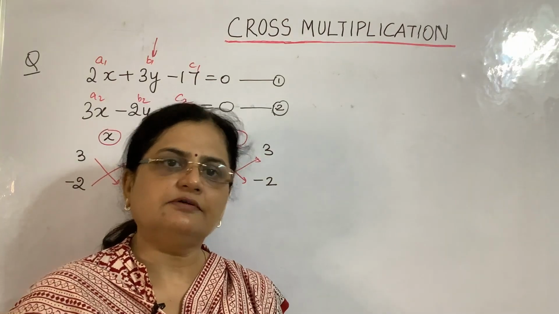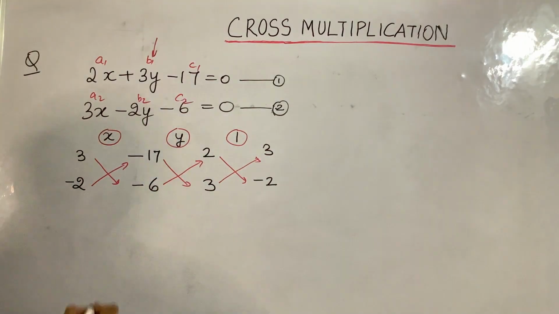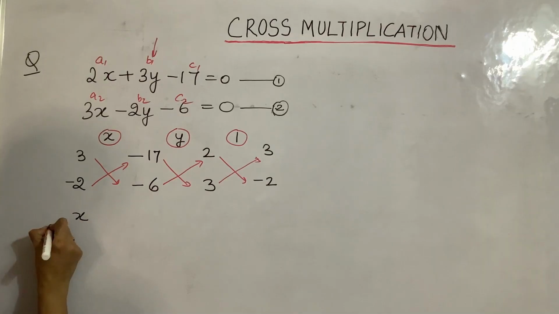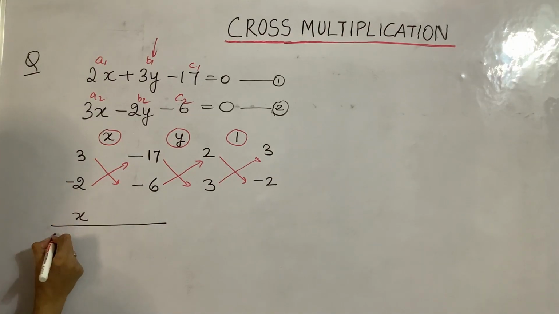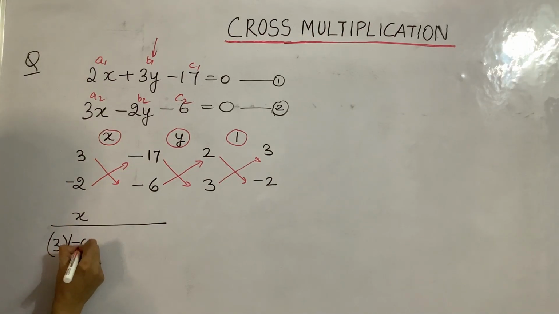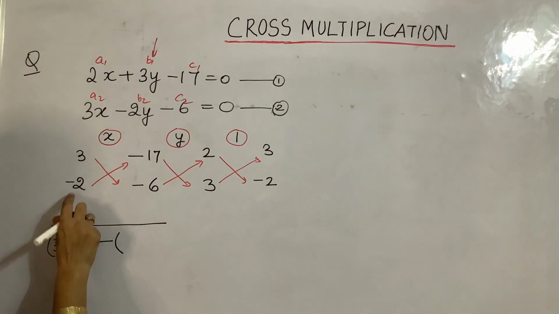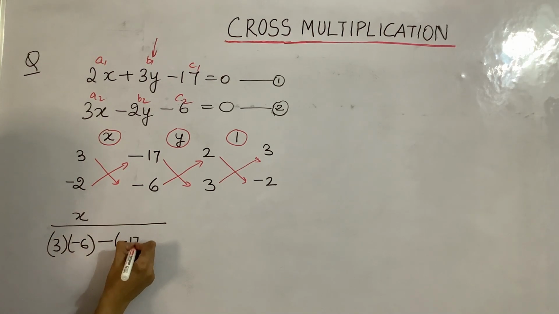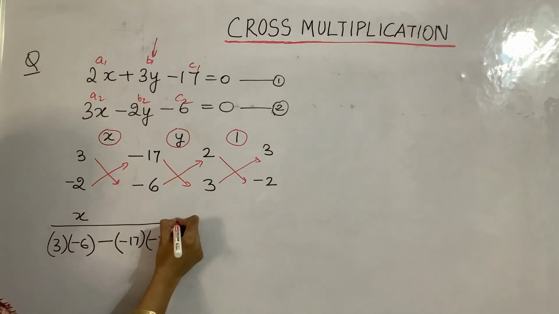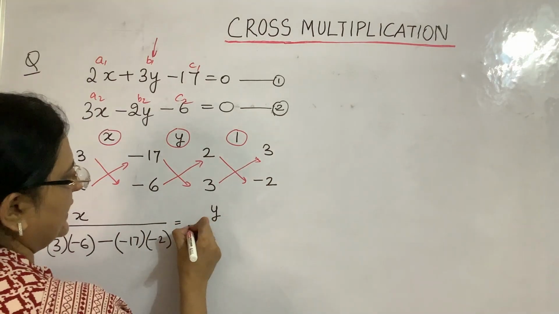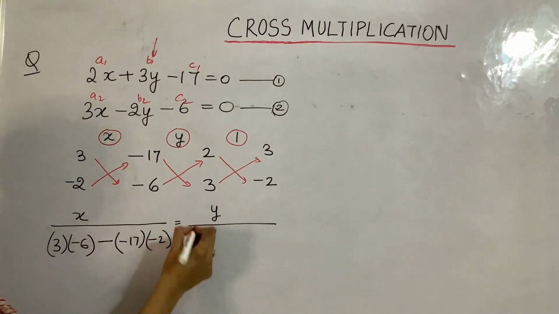Now we will write down the values of x, y and constant. So x upon, this is 3 into minus 6 minus minus 17 into minus 2, is equal to y upon. What about this?